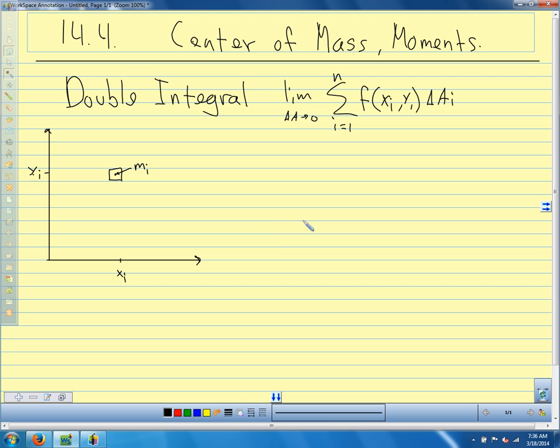And we're going to say that the mass per unit area is rho, and rho can be a function of x and y. So the mass of this little piece of material, m sub i, is going to be rho at that particular point times delta A sub i.